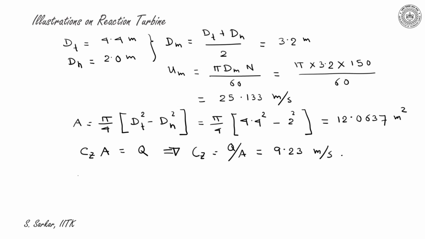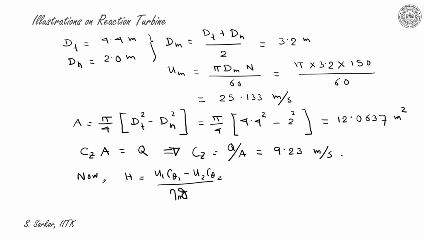Now here U2 C theta 2 would be equal to 0 because C theta 1 is 0 here. Thus this should be equal to U1 C theta 1 divided by eta H into g, which is the actual head drop. In case of turbine, the head drop, the pressure drop occurs.